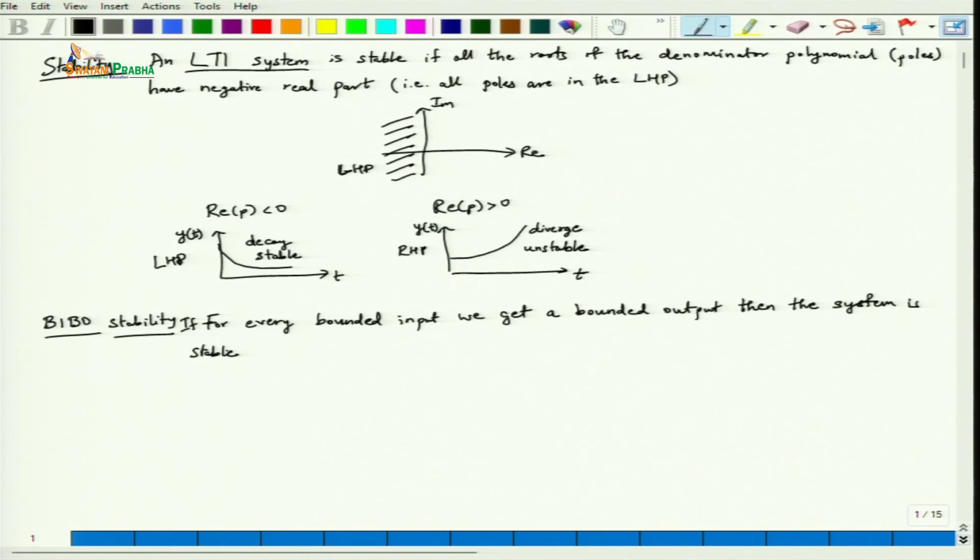So mathematically this can be expressed, the output of any system can be expressed using the convolution integral in this form, where h represents the impulse response of the system, u is the input and y is basically the output.